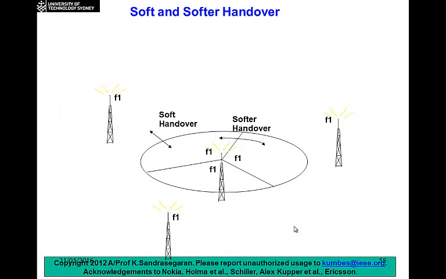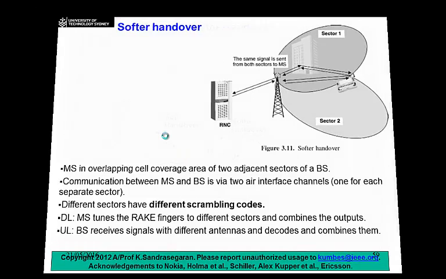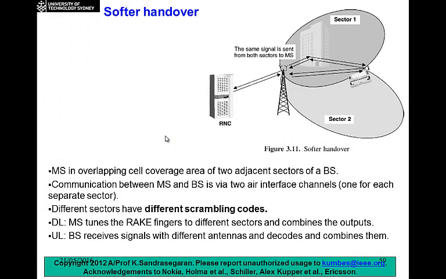Okay, so when we talk about a handover that is taking place between two sectors that are in the same cell site, that is referred to as softer handover. And when we're doing a handover between two adjacent cells that are not associated with the same base station site, then that will be a soft handover. So what happens in a softer handover?